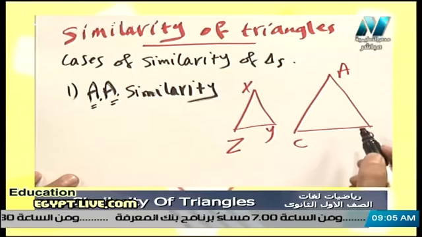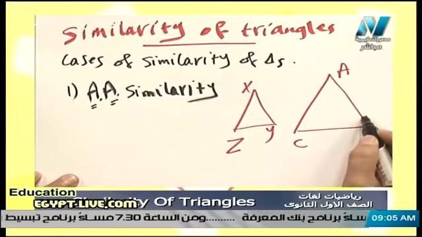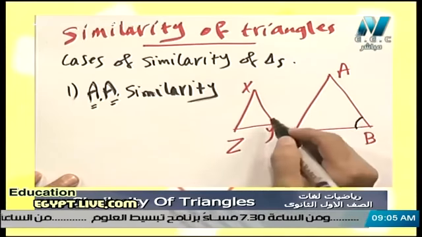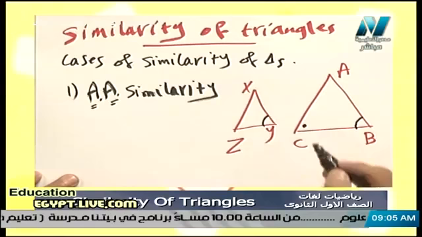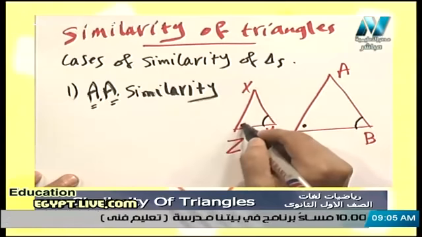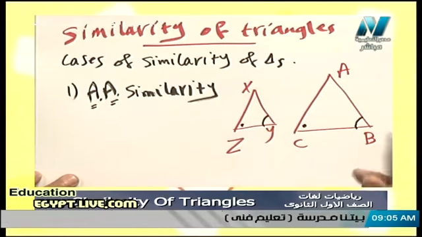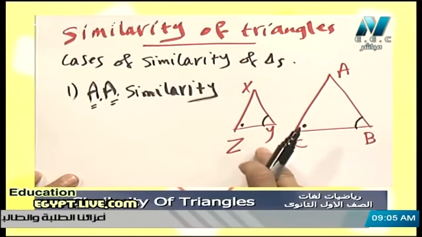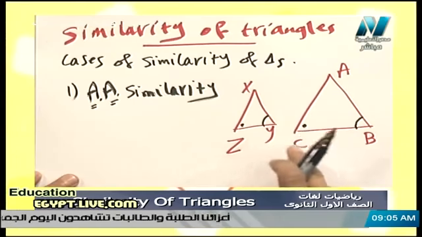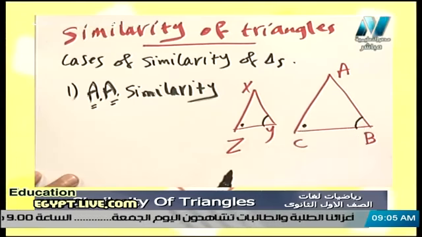If we have two angles like that, if measure angle B equals measure angle Y and measure angle C equals measure angle Z, that means that two angles in the first triangle equal two angles in the second triangle, then we can say that the two triangles are similar.